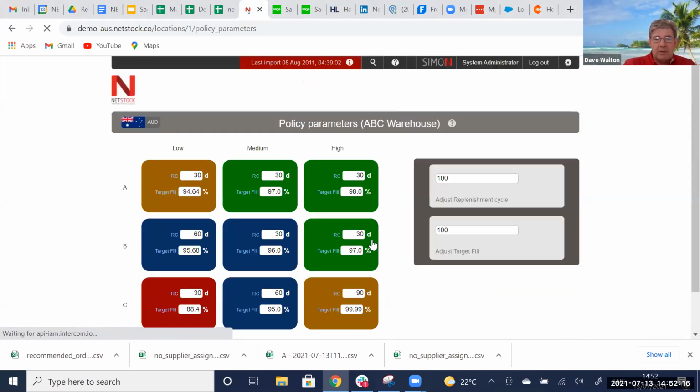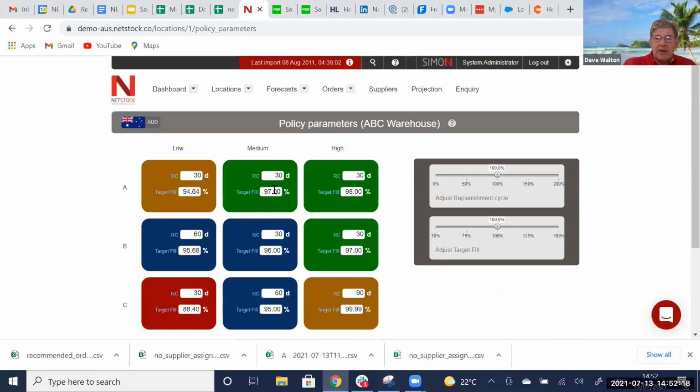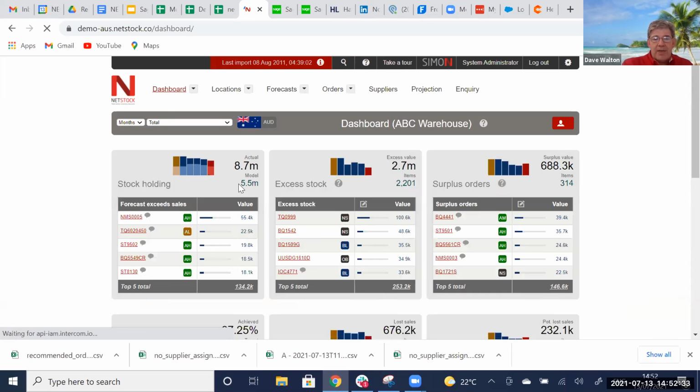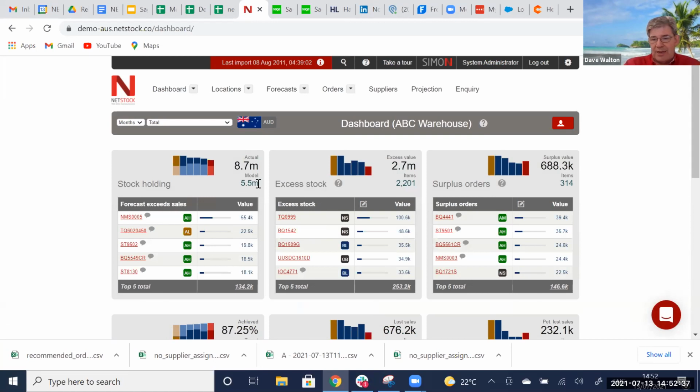So here now, we can see the desired service level for each of those classifications and the frequency with which you replenish it. And of course, this then leads into an understanding of how much inventory you should have. So that drives basically the answer to the question, whose stock is it anyway?